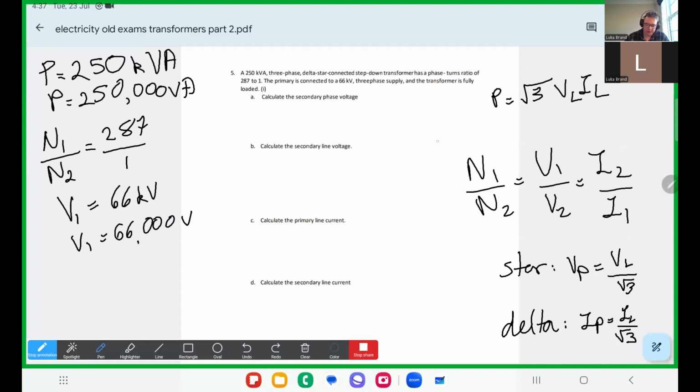I'm kind of looking at this equation here because I've got the ratio and I've got one V and I need to find the other V. This one here, I can't use the power equation because I don't have current yet. All right, so I'm going to go N1 over N2 equals V1 over V2.